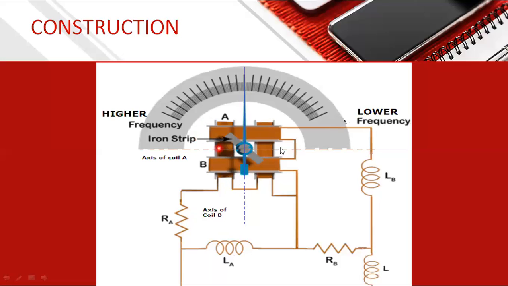Similarly, we have coil B. Coil B is connected in series with LB, and to this combination we have RB connected in parallel.